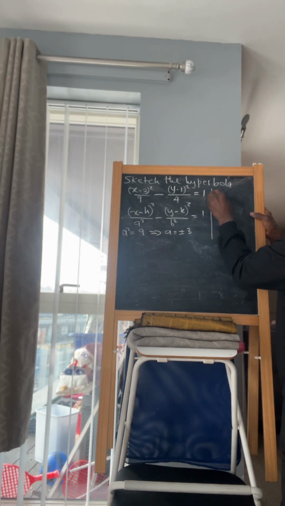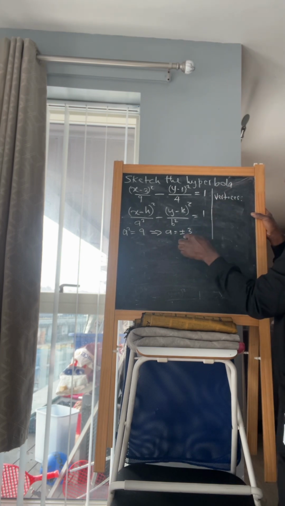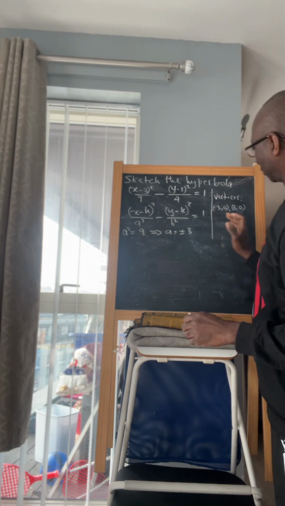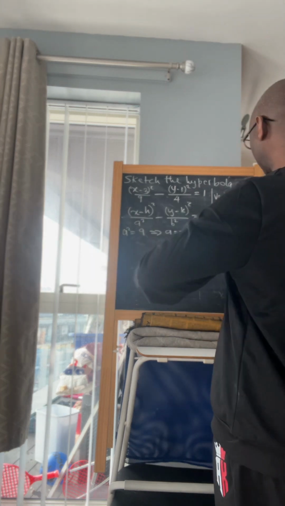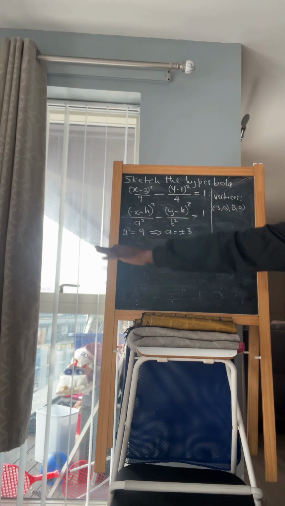So now we have the vertices minus 3, 0 and 3, 0. Because the hyperbola is open on two sides, the left and the right, on the negative side you have minus 3, 0, and on the positive side, 3, 0. So now we know what a is.